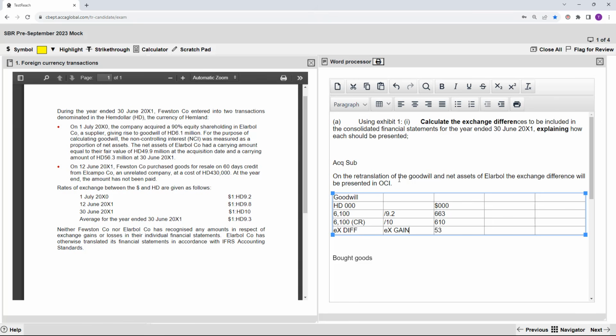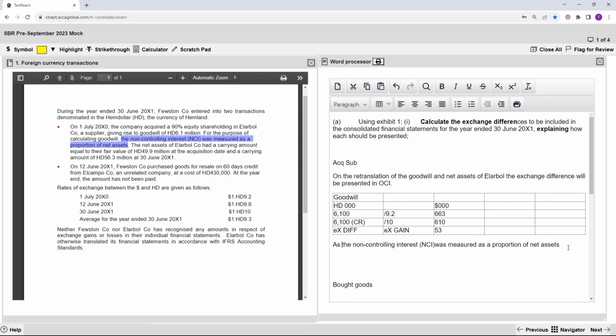Now this will go to equity. What we've got is goodwill calculated with NCI as a proportion of net assets. That means the goodwill is attributable to the parent company only, so none of that will go to NCI. So we can cheat slightly.